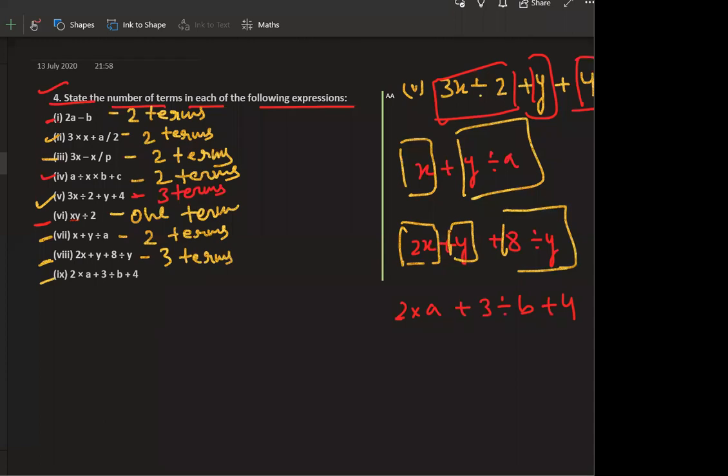Answer this very carefully. This is one term, this is the second term, and this is the third term. So it has only 3 terms. Those who were saying 4 terms will do this exercise, this question, again.